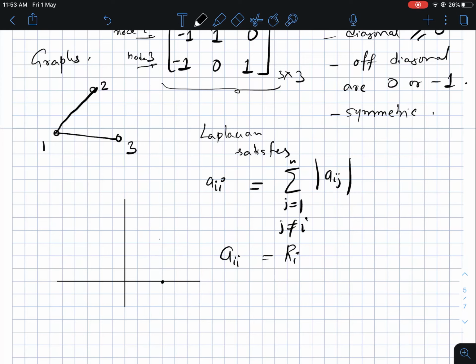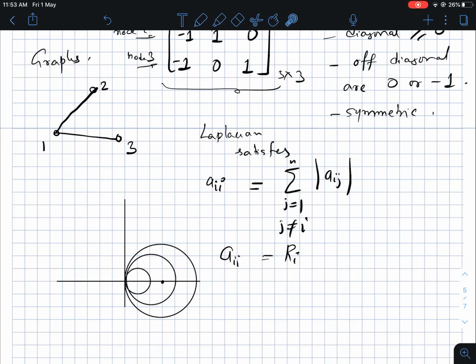Okay, so the Gershgorin circle is going to look like this. A different Gershgorin circle, maybe for a different row, the a_ii will be different, and the Gershgorin circle will look something like this. Okay, and so on. So all the Gershgorin circles are going to be of this type. You can have this as another Gershgorin circle, for example, for a different radius. So this is how the circles will look.